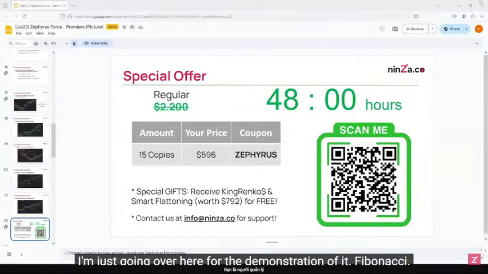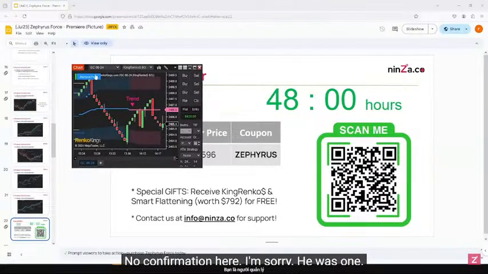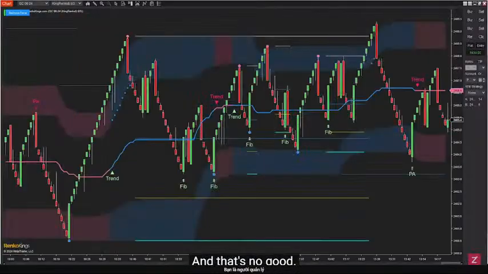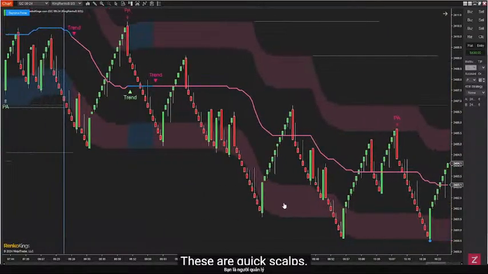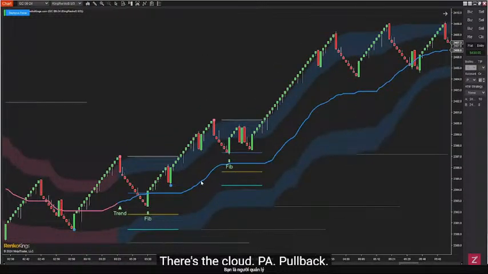All right, so I did forget to mention one thing. Let me very quickly show you something. Because the signals can appear very fast, there is a way to automate these signals with a third-party software. Now, the system by itself does not come with automation.